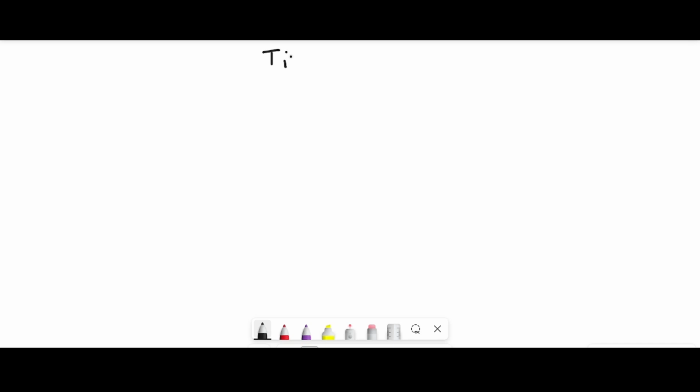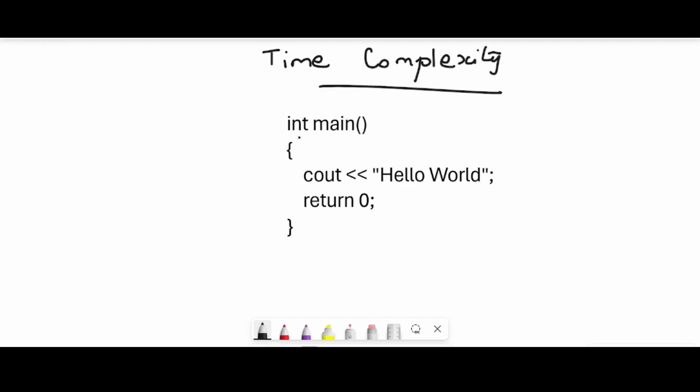Today we are going to analyze and find the time complexity for certain code snippets. Let us consider the first example where we are just printing hello world in C++.